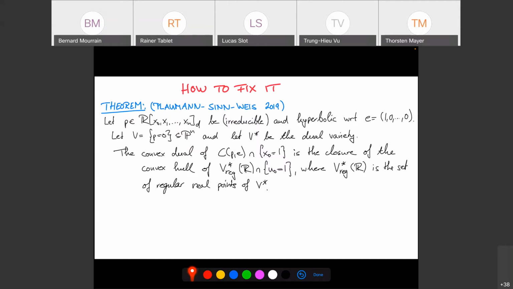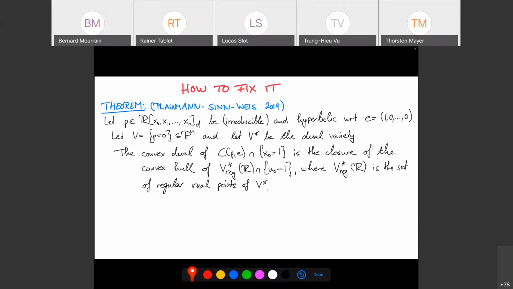It doesn't use the determinantal representations, which may or may not exist. So you start with a hyperbolic polynomial, and the way I phrased it, I'm not careful about algebraic duality, so you should assume irreducible, but that's just to make the statement easier. We have a version, of course, where you don't need this assumption.